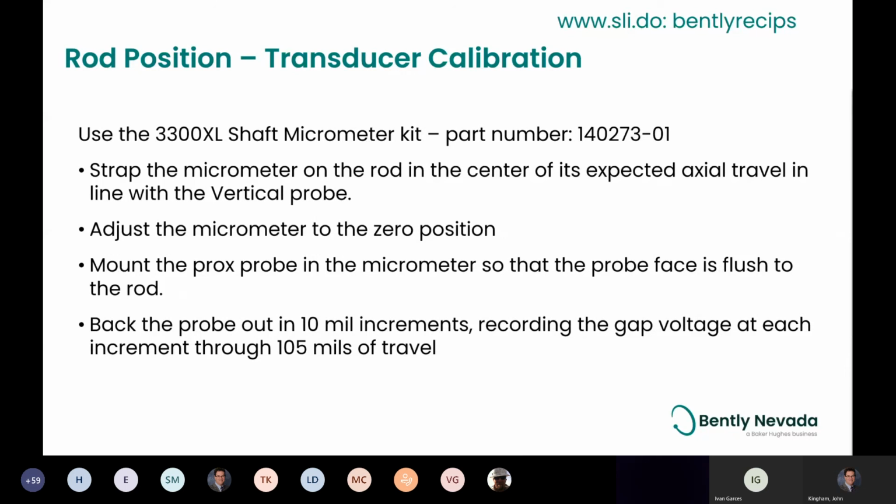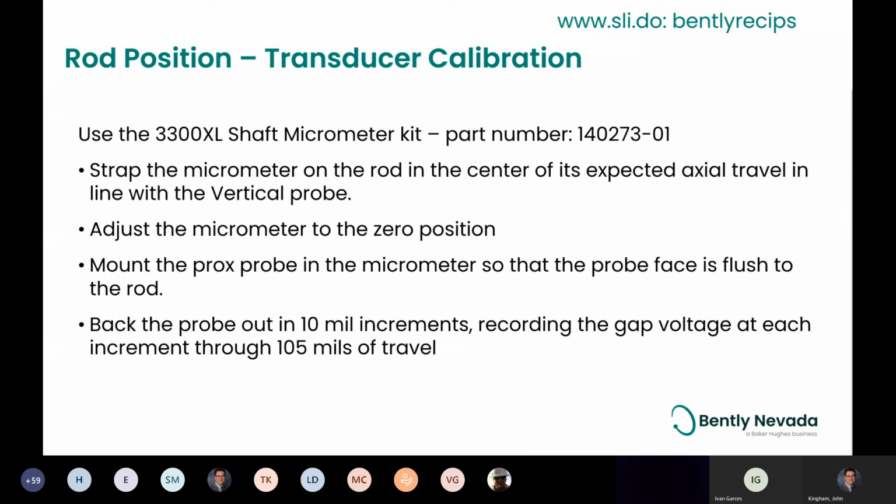And if you are connected up to the 3500 monitor and you're in configuration, all you have to do is back it out 10 mils, you hit a button, back it out another 10 mils, you hit a button, and the 3500 will automatically record that gap voltage. If you're not, just record the gap voltage on a sheet of paper, and then you'll have to graph it.